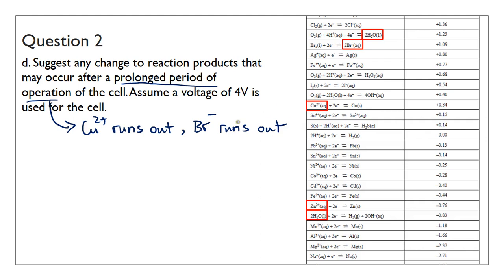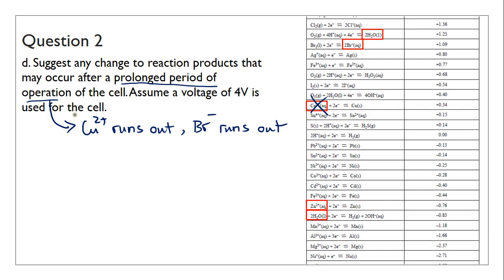So if you assume, and you really do want to state these assumptions when you answer this question, that after a prolonged period of time the concentration of copper ions is very low or all the copper ions have run out, then what happens at the cathode is the next strongest oxidizing agent will react. So if there are no more copper ions, then zinc ion would now be reduced.